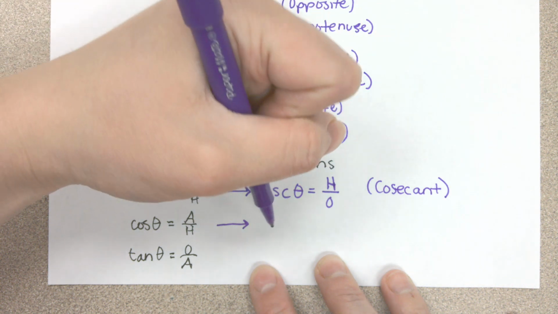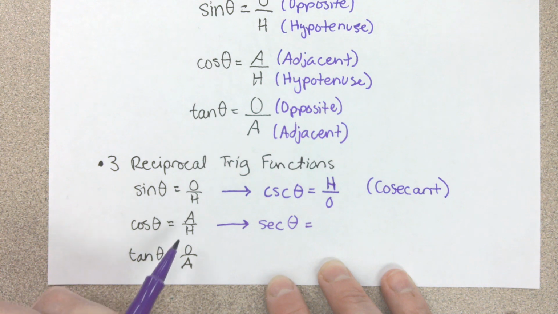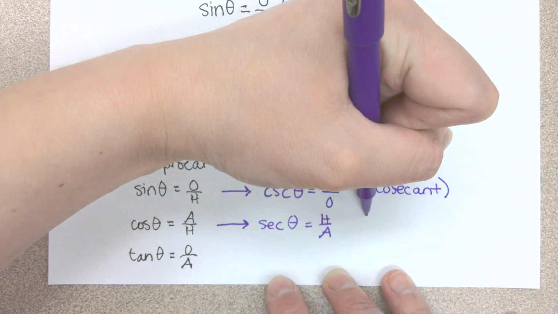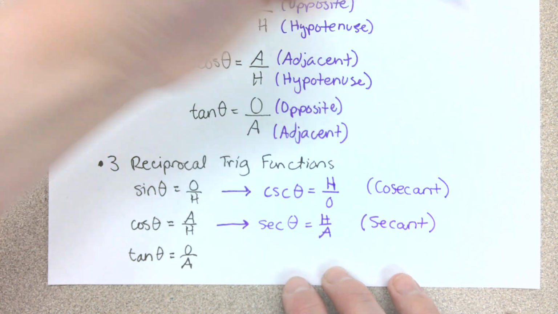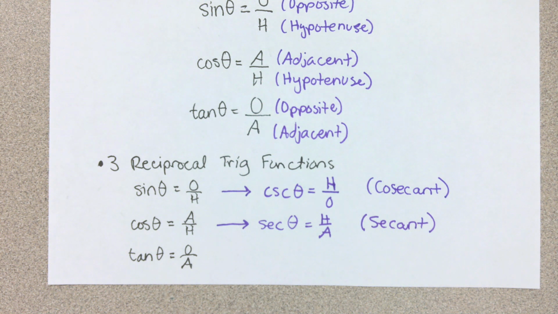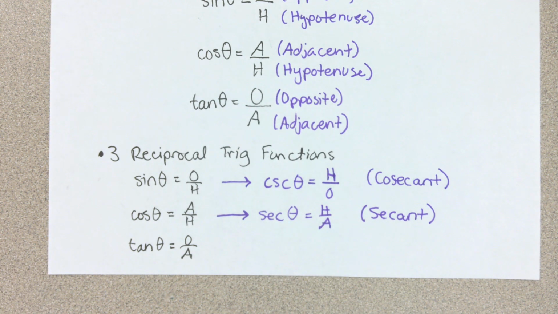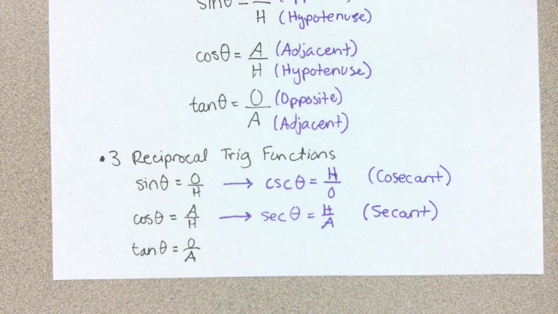Cosine, its reciprocal function is SEC theta. And its ratio, you just flip cosine's ratio, so H over A. SEC is short for secant. As you can imagine, it would make more sense if sine and secant went together and cosine and cosecant went together, but unfortunately that's just not how the names shook out.